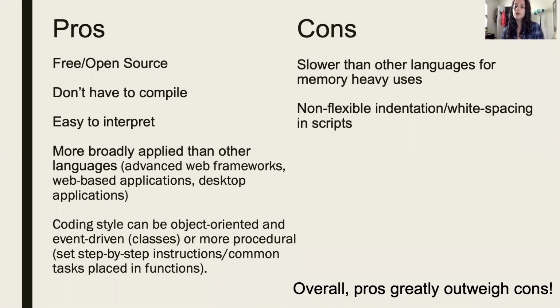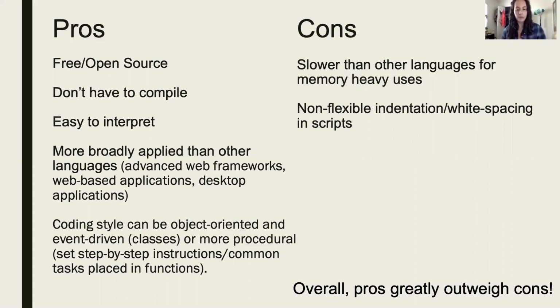I'm going to go through some of the pros and cons of Python to hopefully convince you that this is the language for you if you don't have a primary coding language yet. So one of the great benefits about Python is that it is free and open source, meaning you don't need a license, you don't need to pay for it, and it's freely available to download online.